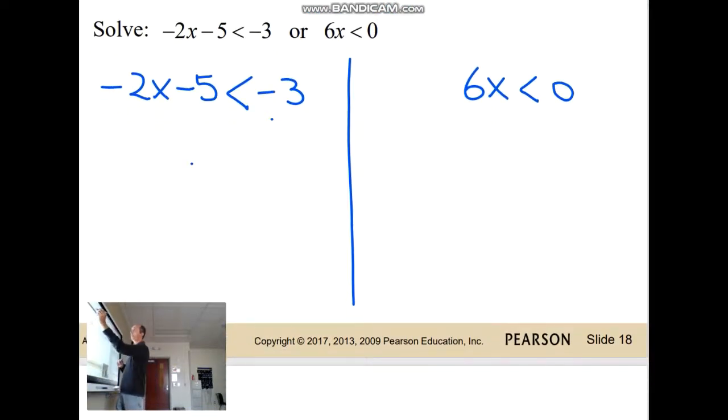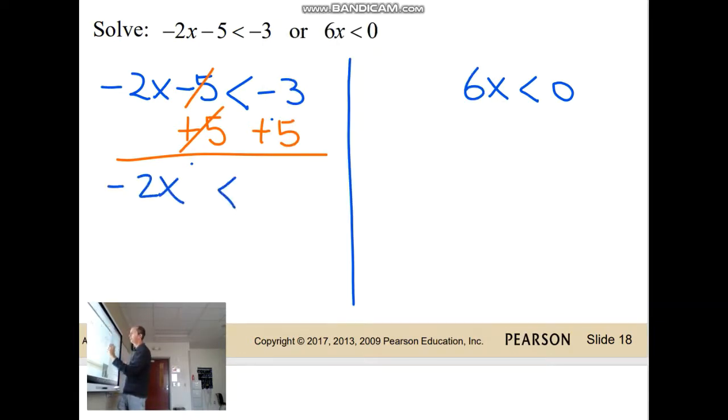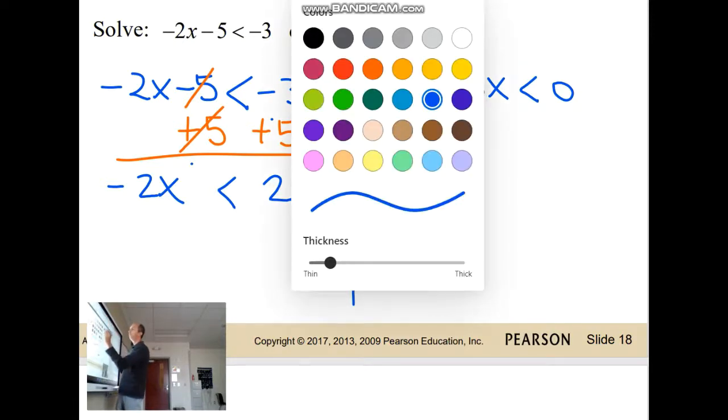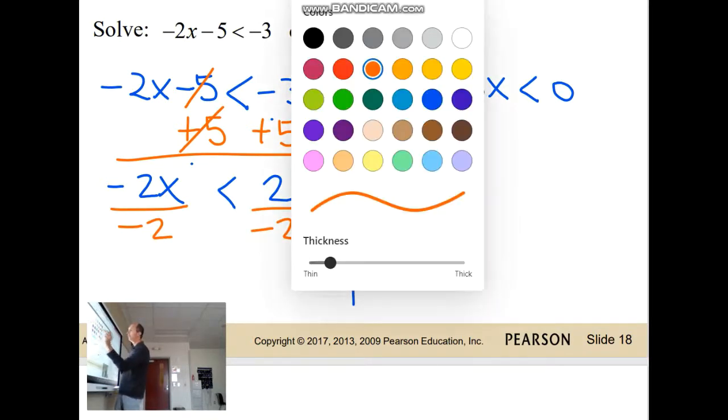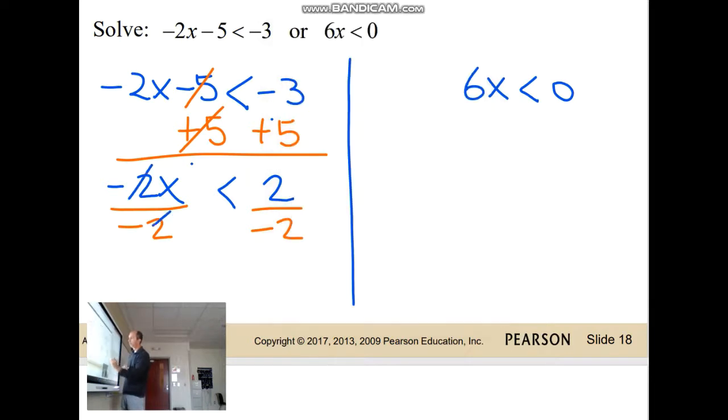Simplifying on the left hand side, we can apply the addition property, add 5 on both sides, and then we can simplify, have here negative 2x less than negative 3 plus 5, 2. And divide both sides by negative 2. When we divide by a negative number, what should we do?